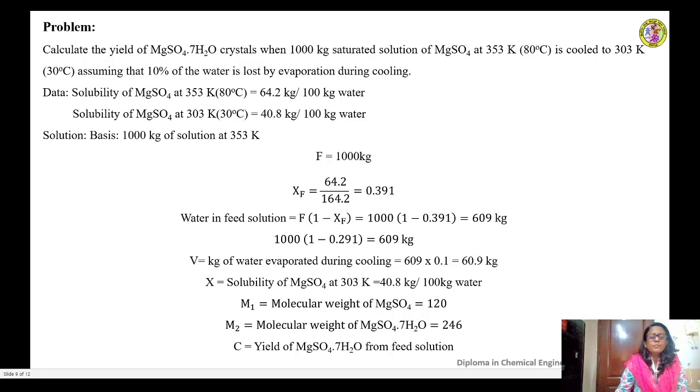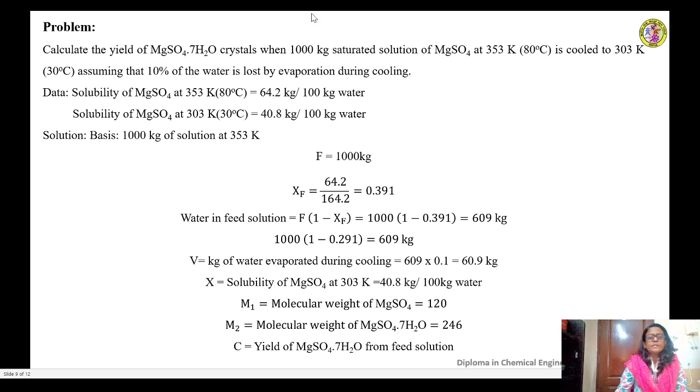So let us now practice a problem, that is solving a problem using the material balance equations. Calculate the yield of MgSO4.7H2O crystals when 1000 kg saturated solution of MgSO4 at 353 Kelvin is cooled to 303 Kelvin, assuming that 10% of water is lost by evaporation during cooling.